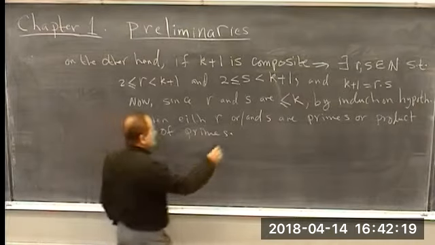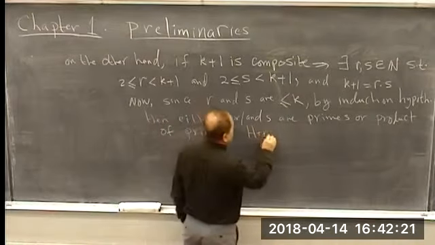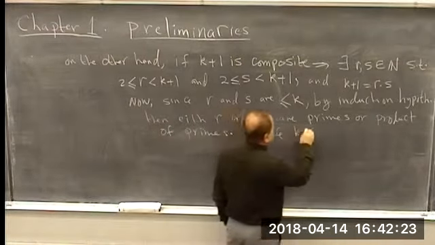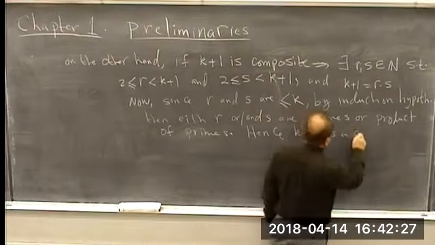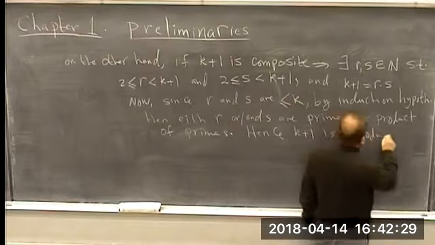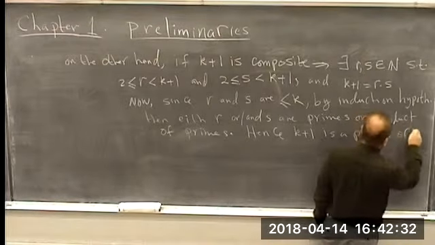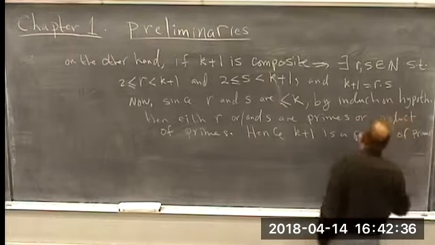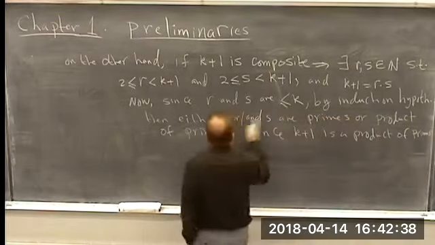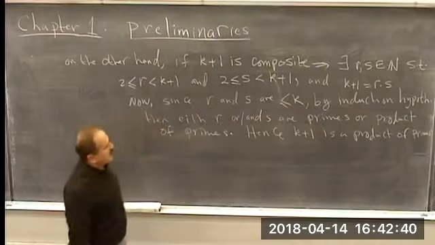Hence, when we put all this together, k plus 1 is a product of primes. It cannot be a prime, of course, even if both of these or one of them is a prime, because we already have a prime.